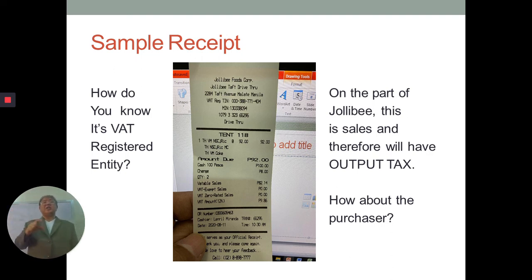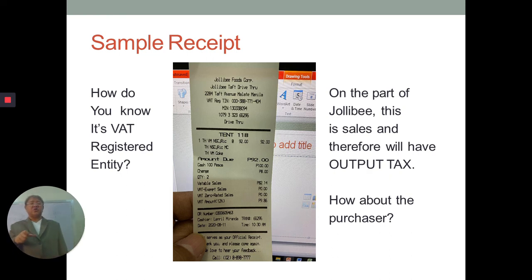How would you know if it's a non-VAT? What you will see on the upper portion will be NV. It could be the TIN and then NV at the end. When you see NV, that means that the transaction has no VAT, so you cannot recognize any VAT on that.